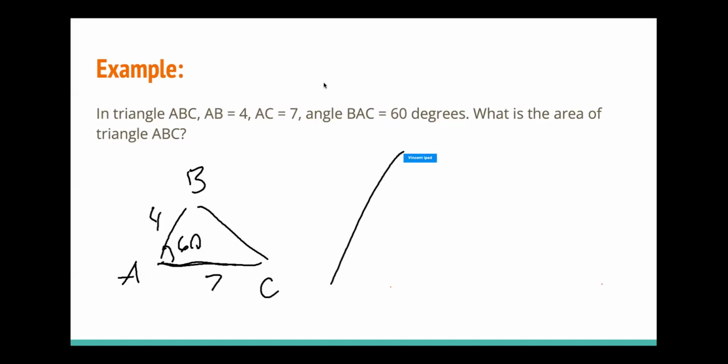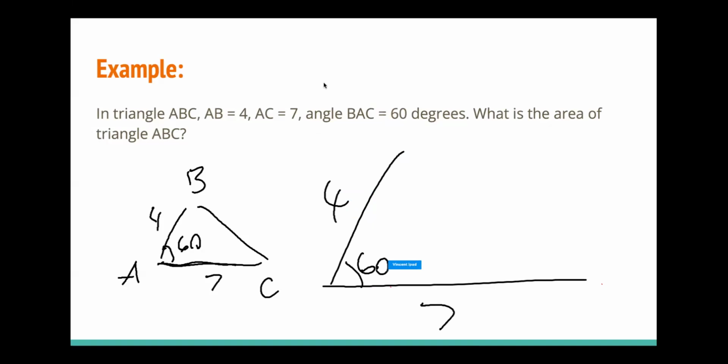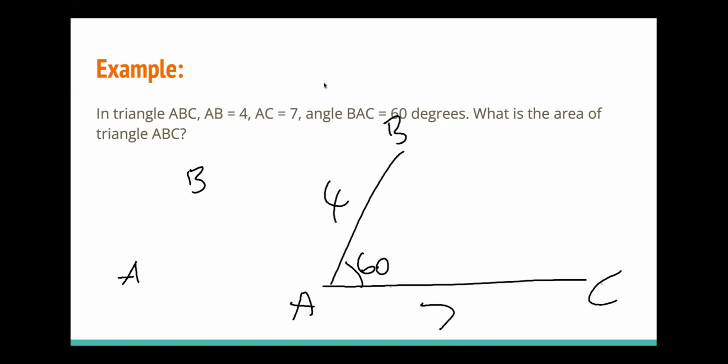If you have 4, 7, and 60, let me label this. We know the height is going to be 4 times sine 60, because this height h over 4 is equal to sine 60.